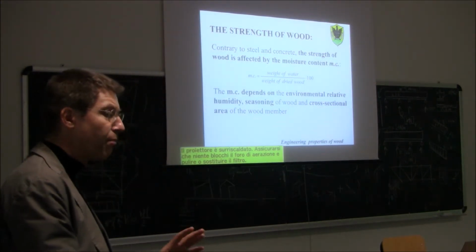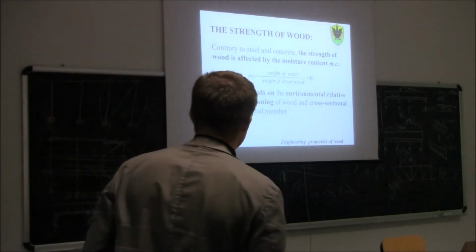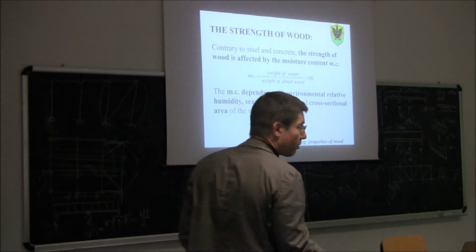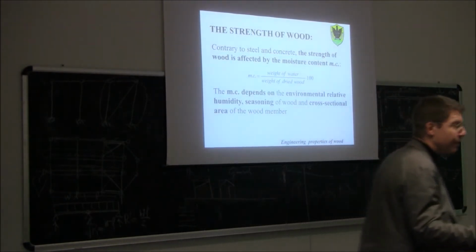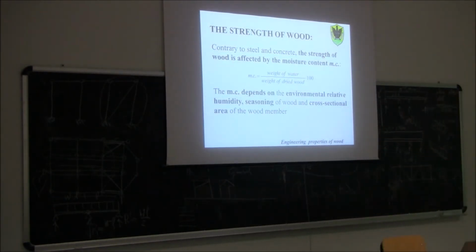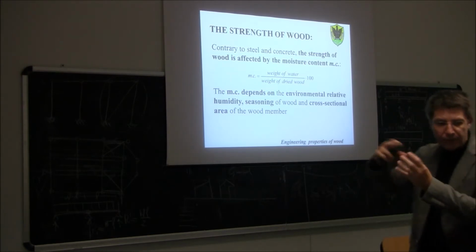But as I said before, more by the relative humidity. Obviously, as you know, the relative humidity measures the quantity of vapor that is present in the air. So clearly, the moisture content of wood, which is basically water, will mostly be affected by the quantity of vapor that we have in the air.